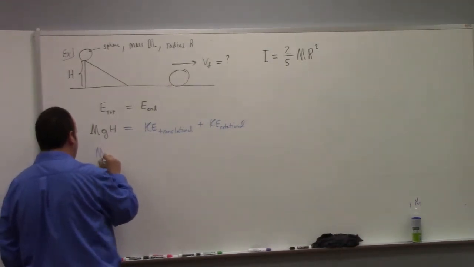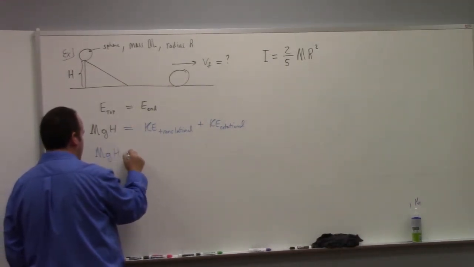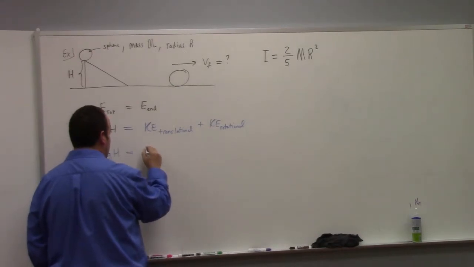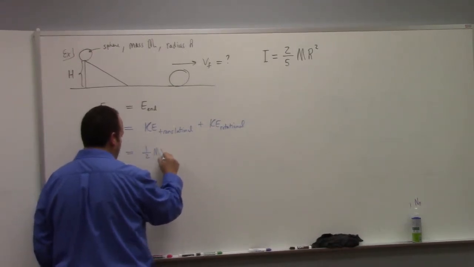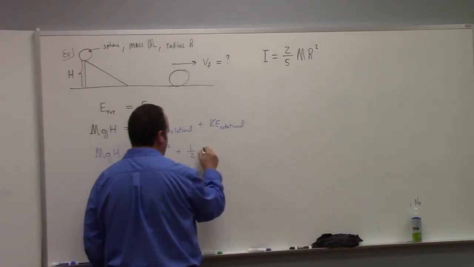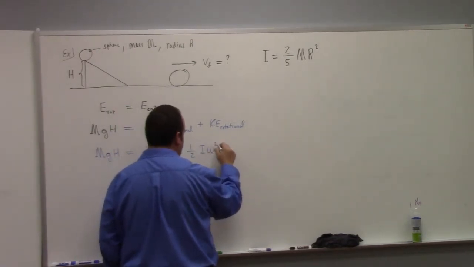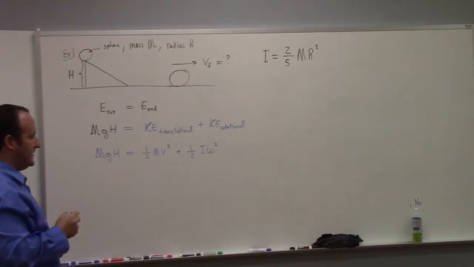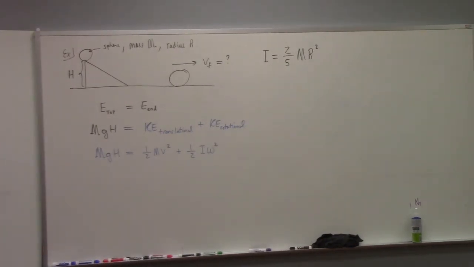So big M g h is 1/2 big M v squared plus 1/2 I omega squared, because that's the kinetic energy of rotation for something with a moment of inertia I rotating with angular velocity omega.